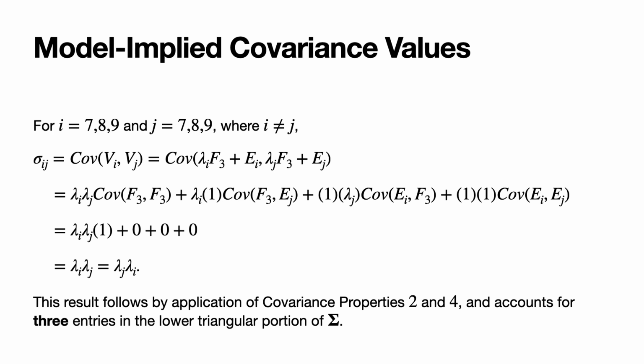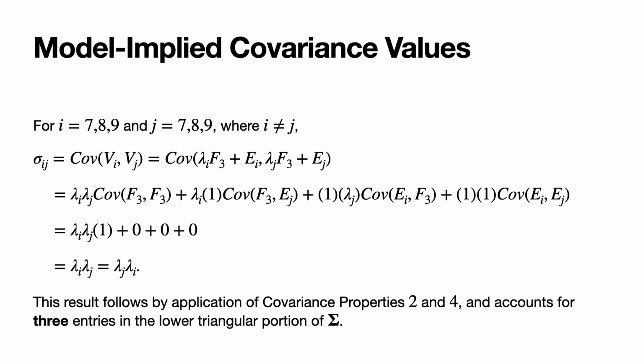This is equal to lambda i times lambda j times the covariance of f3 with itself, plus lambda i times 1 times the covariance of f3 with e sub j, plus 1 times lambda j times the covariance of e sub i with f3, plus 1 times 1 times the covariance of e sub i and e sub j.